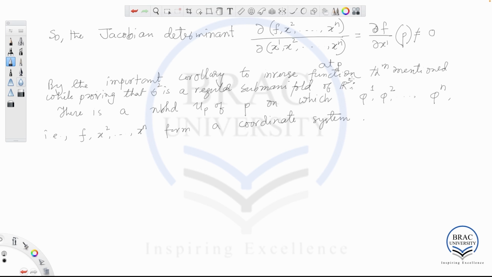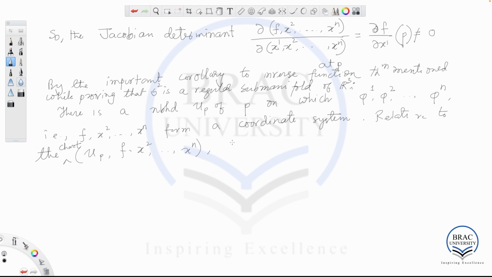So by that corollary, we see that there is a neighborhood U sub P of P on which phi 1, phi 2, all the way up to phi n can be used as a local coordinate system. Relative to the chart, we know that such a chart exists: (U sub P, f, x2, all the way up to xn).